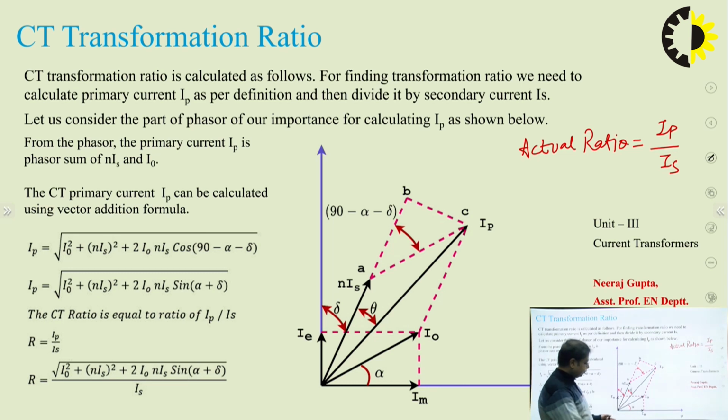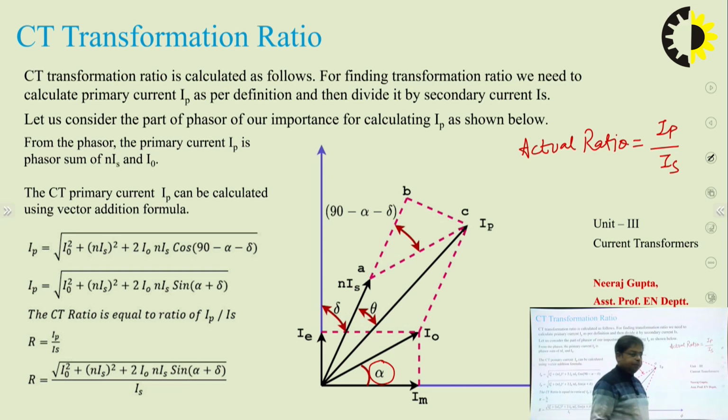If the angle between I naught and this flux, or IM, is alpha, we have considered this as alpha. The angle between IP and IS, that was delta, that is the angle between the primary voltage EP and this IC.